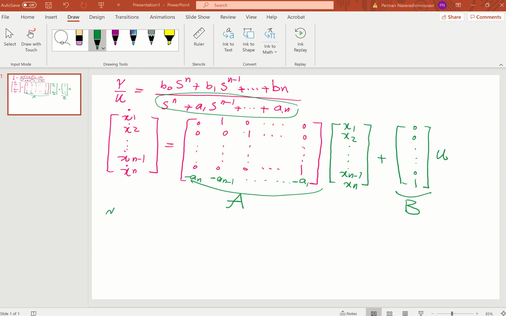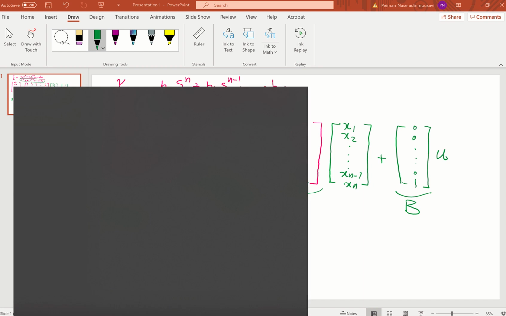And then the output is based on the transfer function.